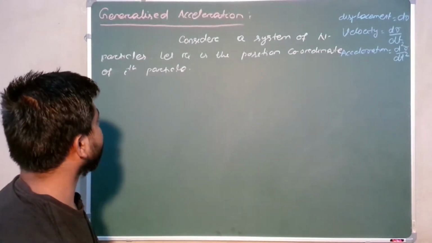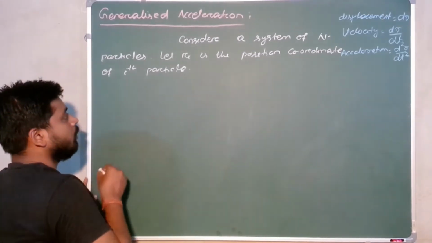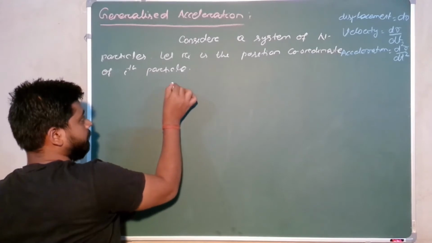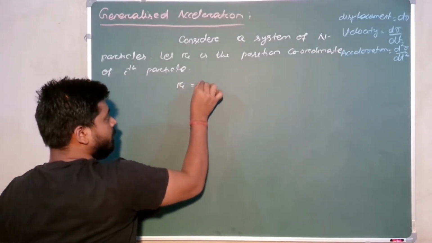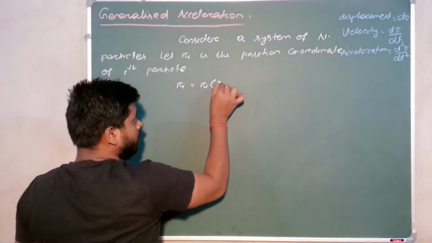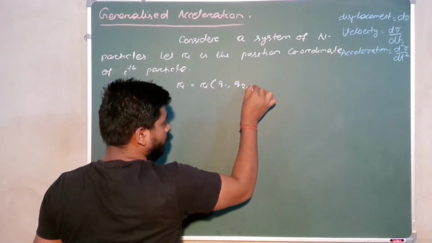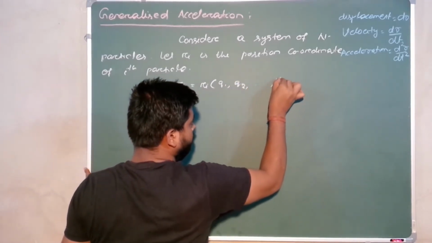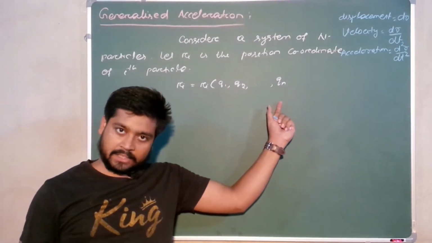Then from the generalized coordinate, what do we have? We know the position coordinate Ri is a function of q1, q2 up to qn. These are the generalized coordinates.